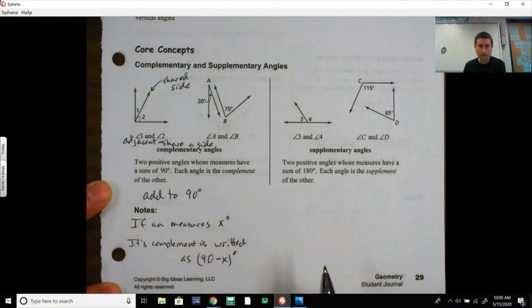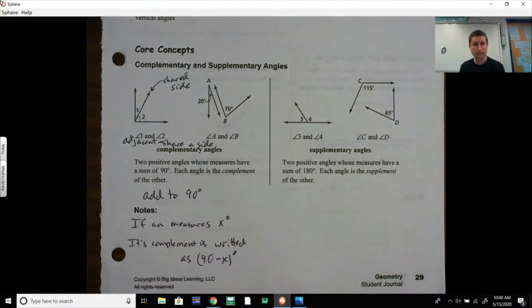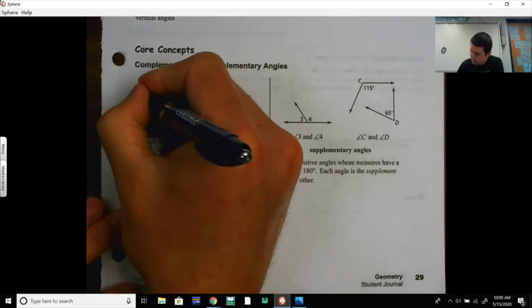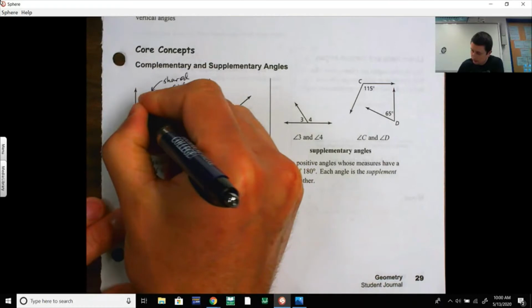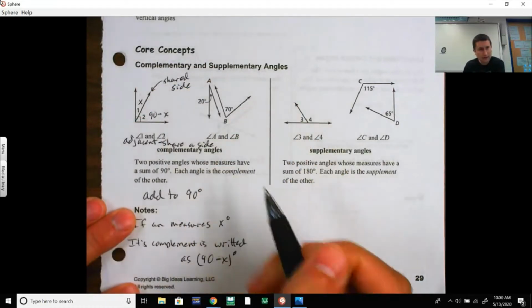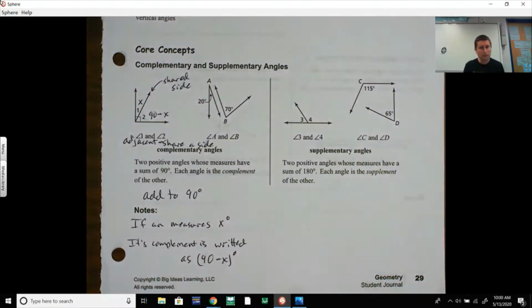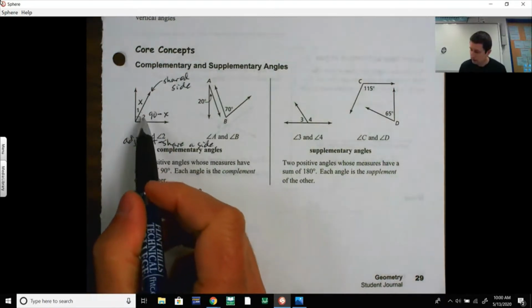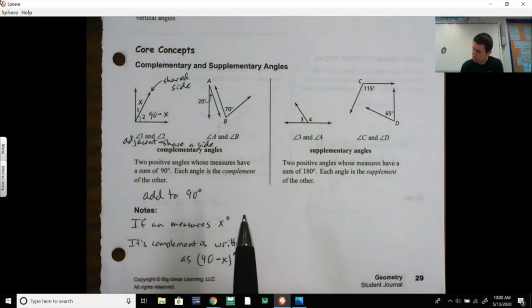So if this is x degrees here, this angle would be 90, the total, minus the other part. We saw that in the last lesson, the total minus the part. If you have one part and you have a total, you take the total minus the part to get the other angle. So x and 90 minus x.